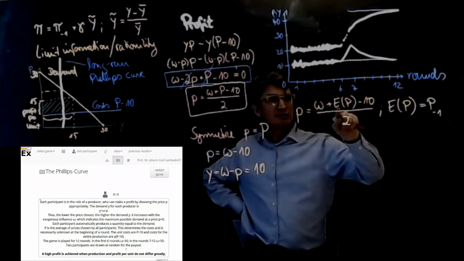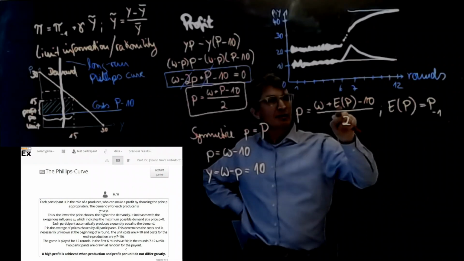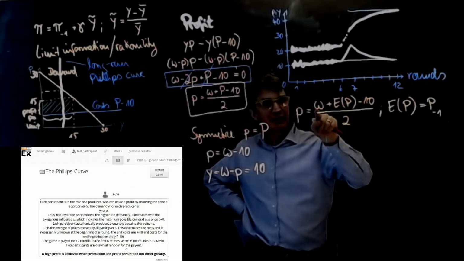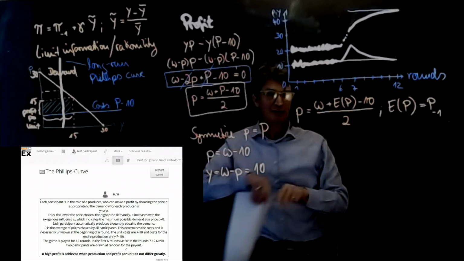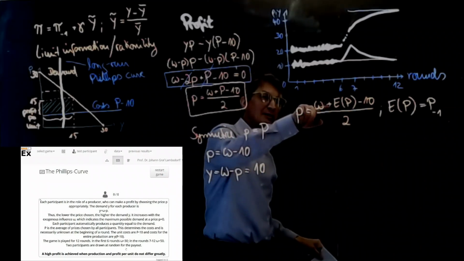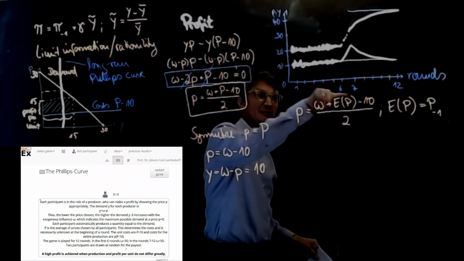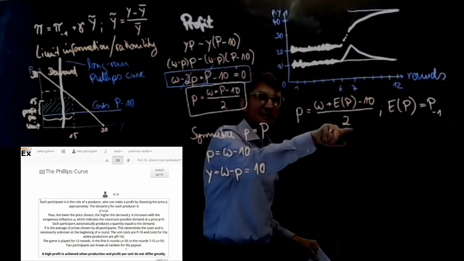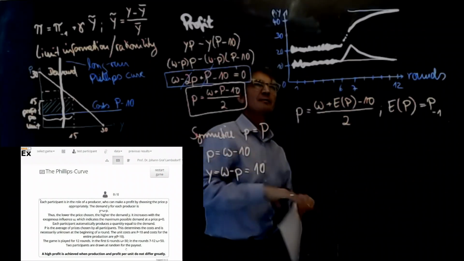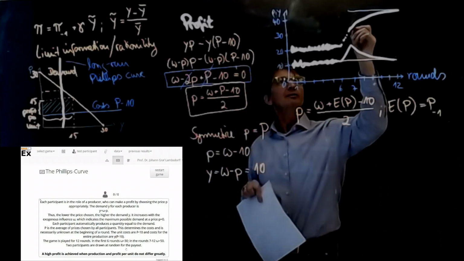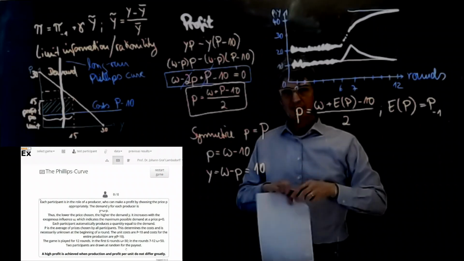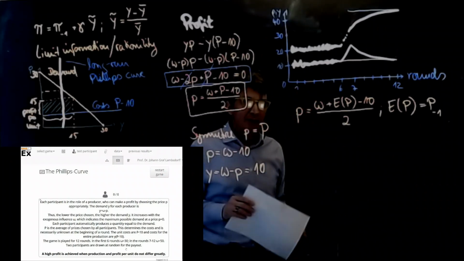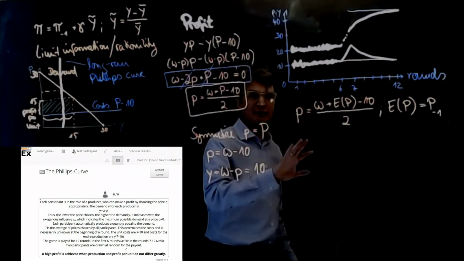Now, inserting this here means we have the 20 minus 10, and in round 7, we have then the omega of 50. Okay, so 50 plus 20 is 70, minus 10 is 60, over 2 is 30. And that's exactly what we found here. Participants picked a price of 30.